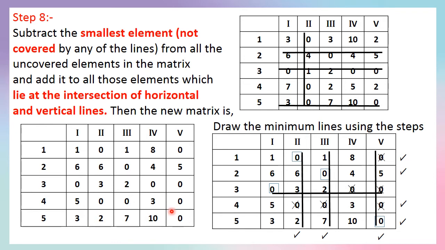Now we have to draw the minimum lines using the previous steps, that is, making the assignments. The assignment is done in the rows and columns containing exactly a single zero. I have combined some steps here. In the first row we cannot make any assignment in the beginning, and the second row has exactly a single zero, so we can make the assignment and cross out the zeros in that respective column.